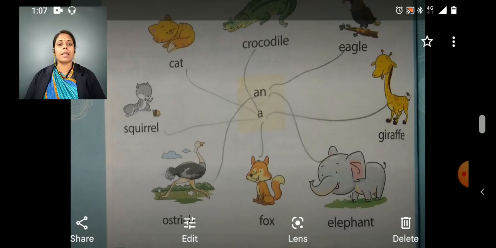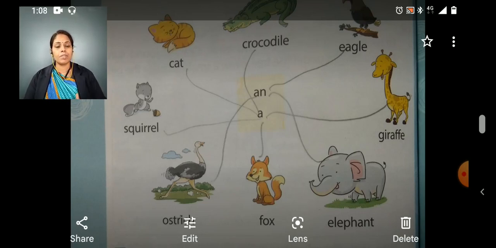The next animal is the elephant. This is a very huge animal, a big animal you can say. The first letter of elephant is E, so we can say an elephant. Next animal is the fox. In fox, F is a consonant letter, so we can say a fox.